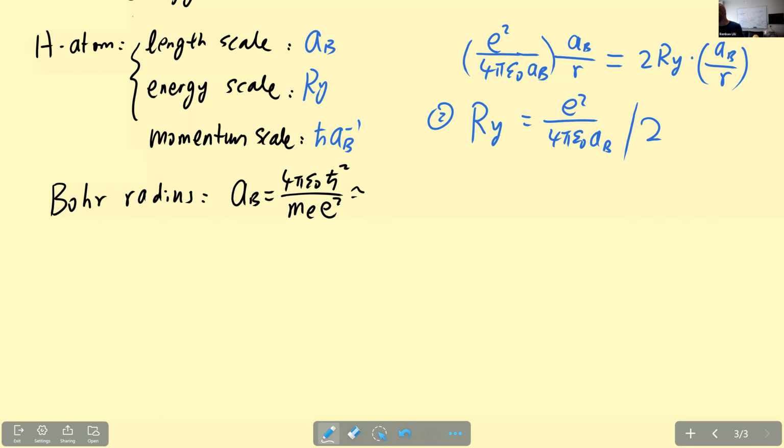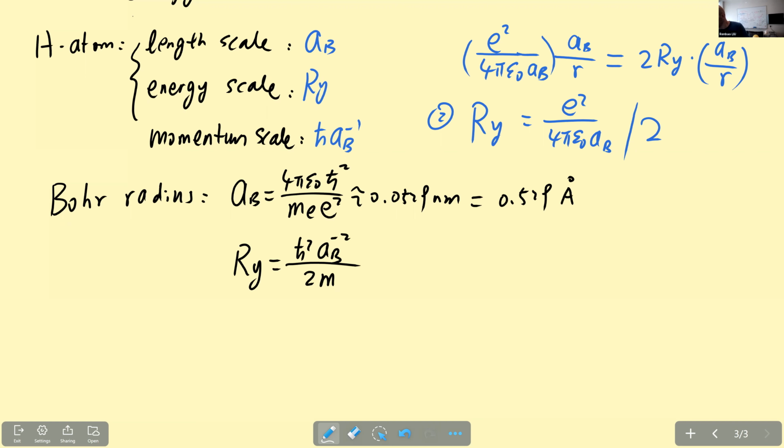This is roughly 0.0529 nanometer, or 0.529 angstrom. And the energy scale equals h bar squared, as we said before, a_B to the -2 over 2 m_e.